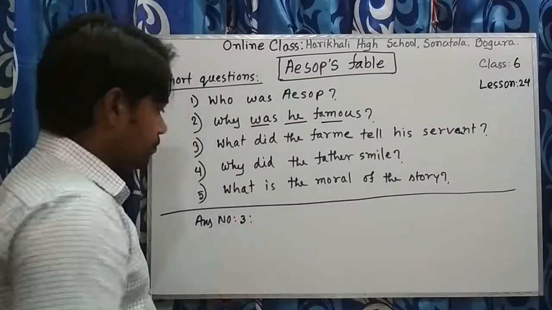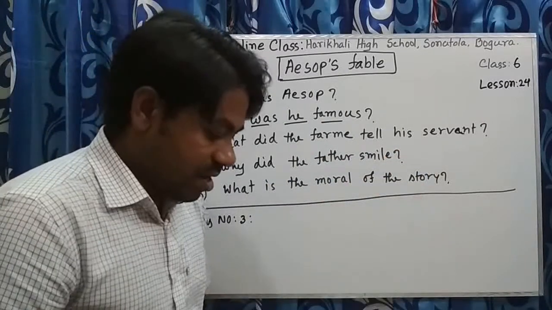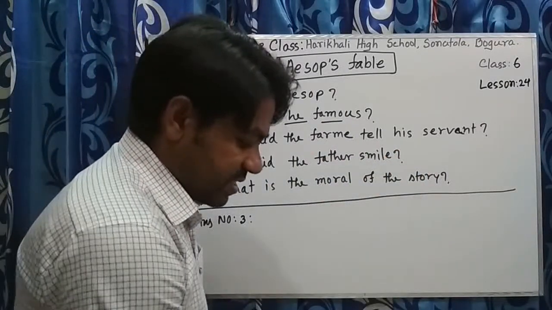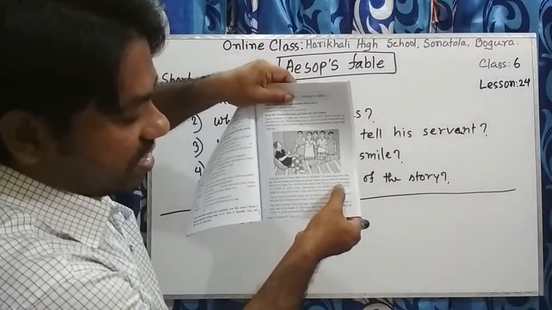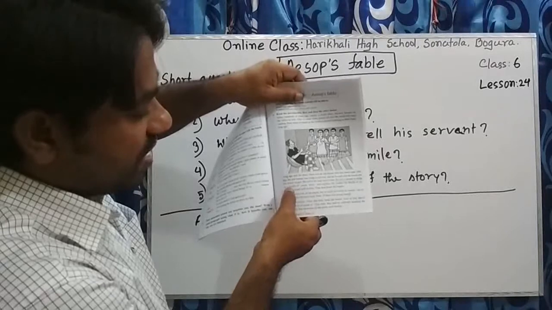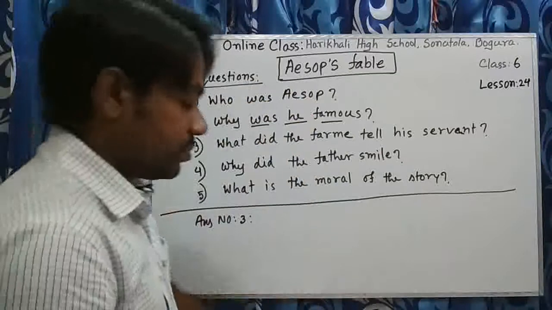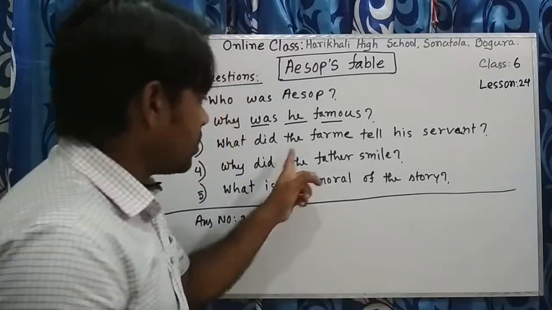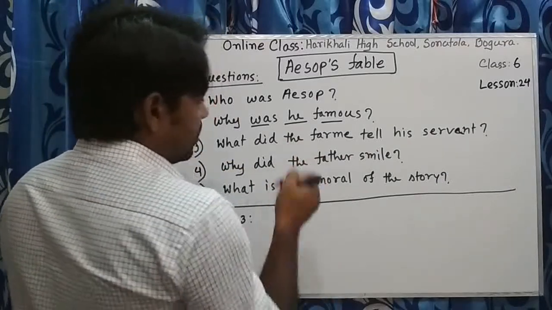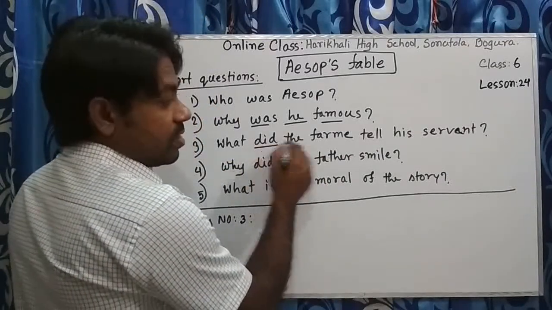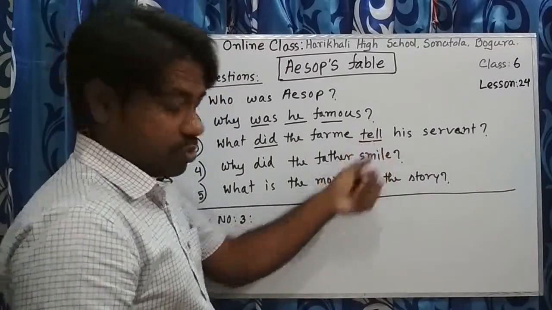Number 3. What did the farmer tell his servant? Here, in the second stanza, third line, we get, he told a servant to bring in a bundle of 7 sticks tied together. What did the farmer tell his servant? Here, did is the past form, so we have to write the past form of tell. Okay, told.